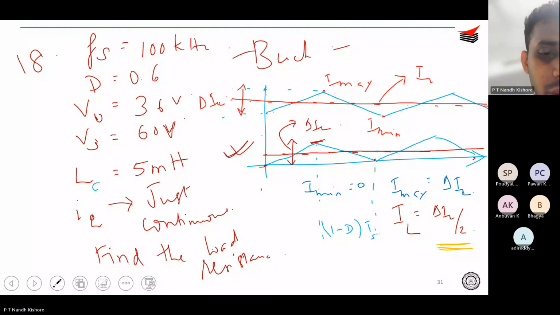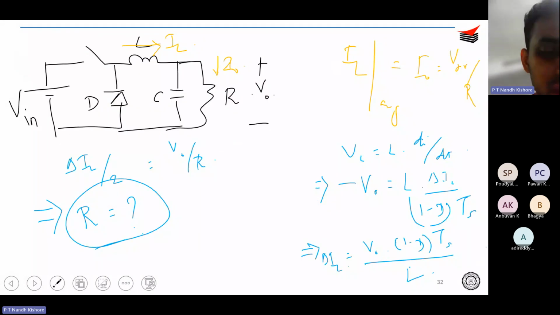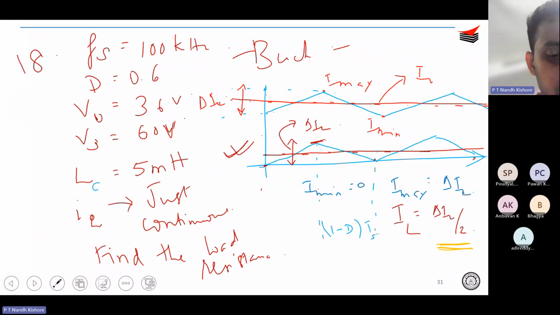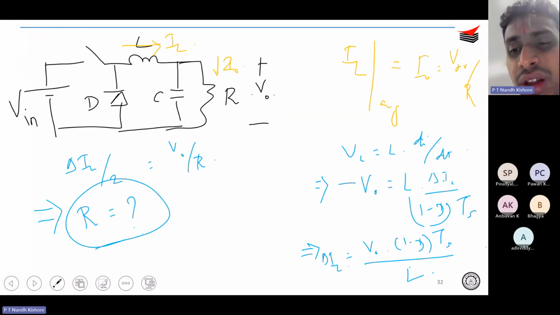Okay. So just take an inductor, normal inductor. In an inductor, the VI relation is given by V is equal to L times dI over dt. You know that the voltage across this inductor is either V in minus V naught.